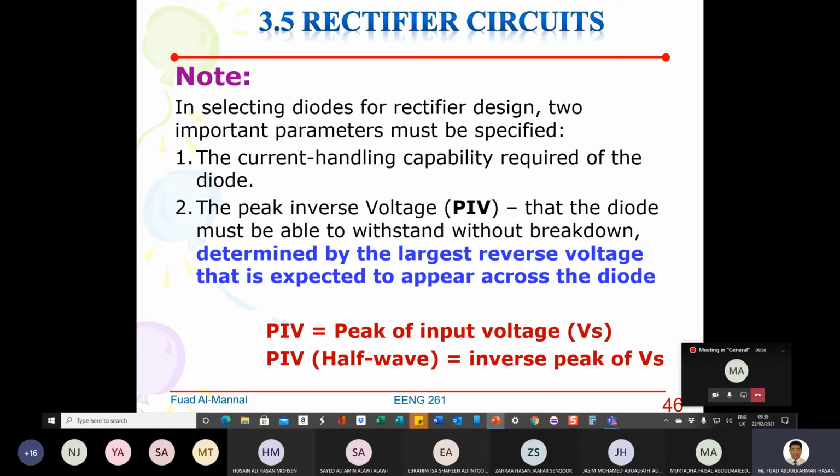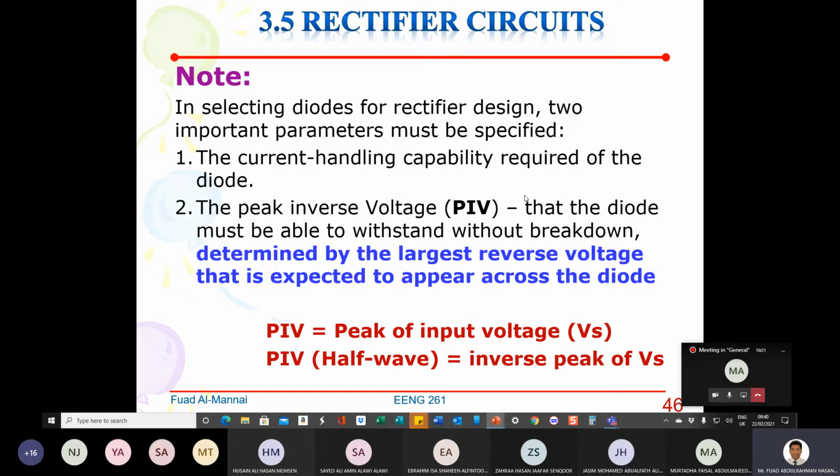You will find them in the data sheet of the diode. So before designing, you have to select a diode that has enough current handling capability for your design and enough PIV, so that your circuit will not burn or stop functioning.